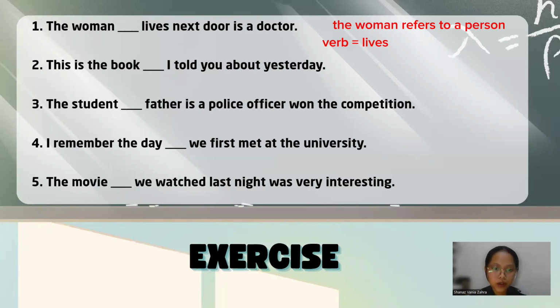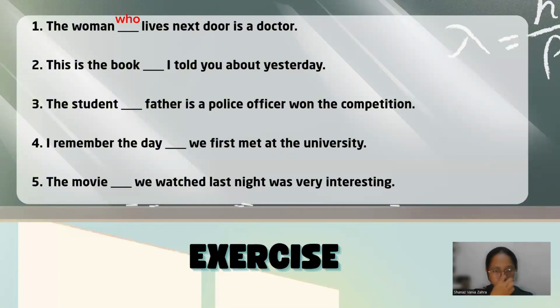This means the connector must function as a subject in the adjective clause. So for people, the correct subject connector is who. So the correct sentence is: the woman who lives next door is a doctor. Here, who is the subject of the verb live, so it cannot be omitted.